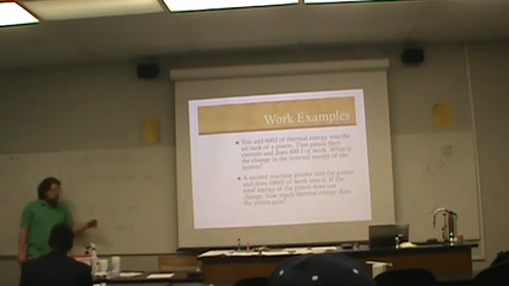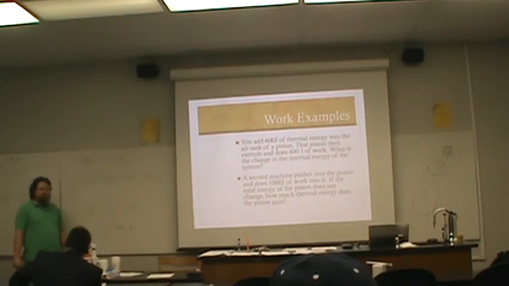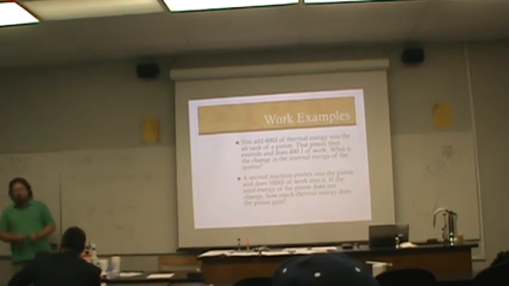In this case, you do work on the piston and the energy comes out as heat. Notice the negative, this means the object is losing thermal energy. Any questions about these at all?